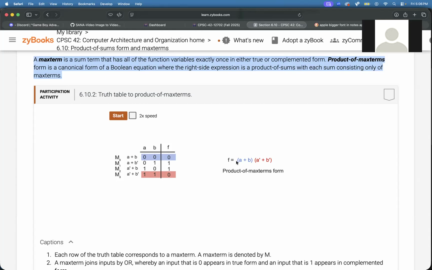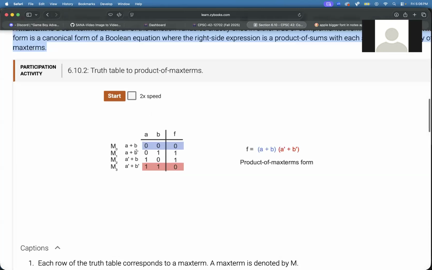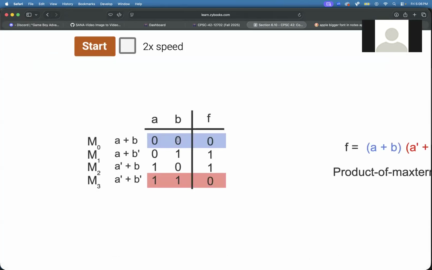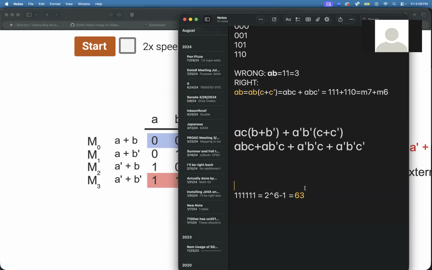So this is kind of going to be like the opposite of what we did for product of sums. So if you look here, here's a truth table. Notice that they are now labeling this instead of calling the 0, 0 row M0, and then that's like 0, 0, which is not A, not B, right?